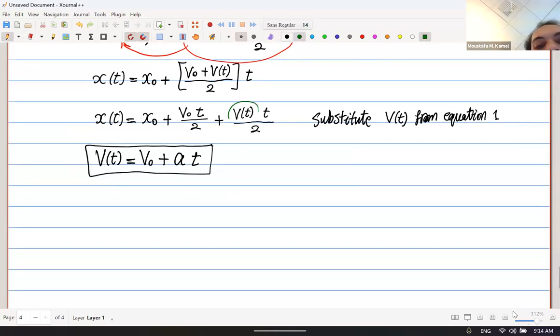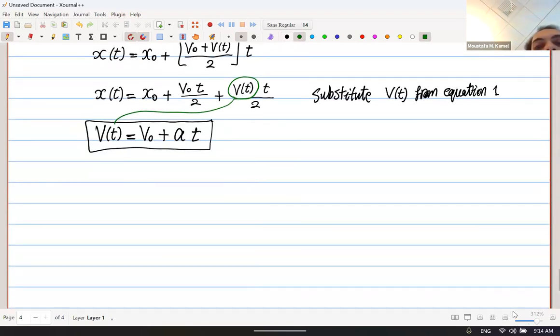So we will substitute that here. So this now is x of t equal x naught plus v naught times t over 2 plus v naught plus at times t over 2.